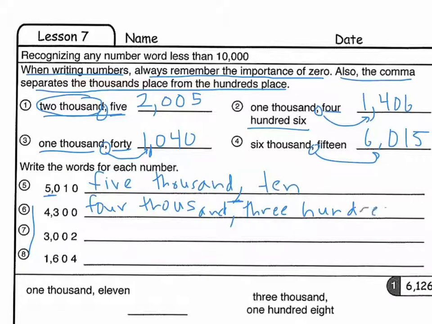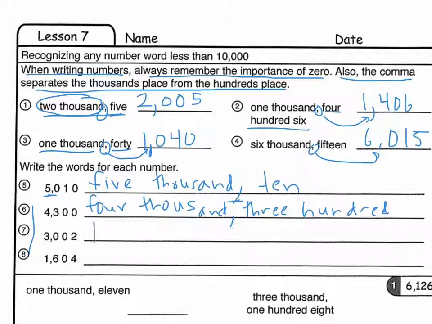It's probably what most of you wrote. The other possible correct answer, make sure you spell those words right, by the way, too. Check your spelling. The other possible answer is 4,300. So if you want to write 40, F-O-R-T-Y, 300, then that would also be correct, because 4,300 is 4,300.